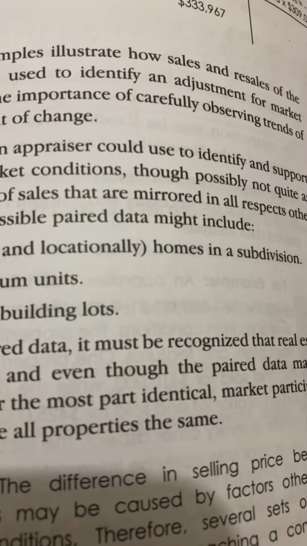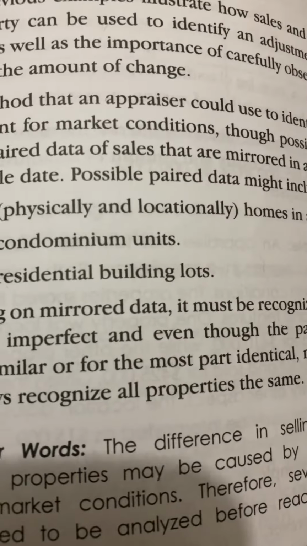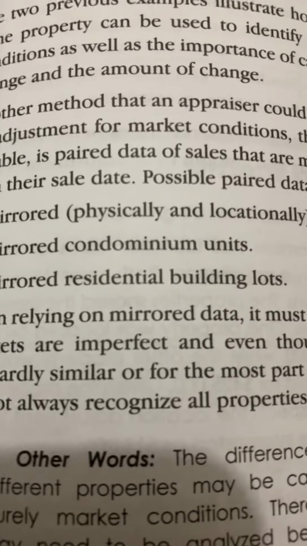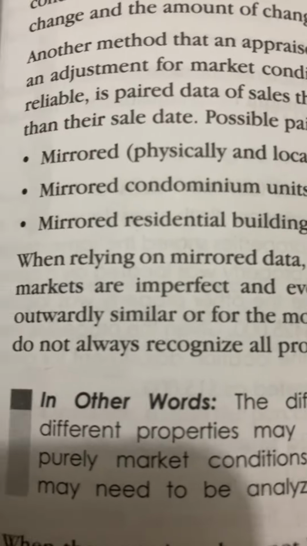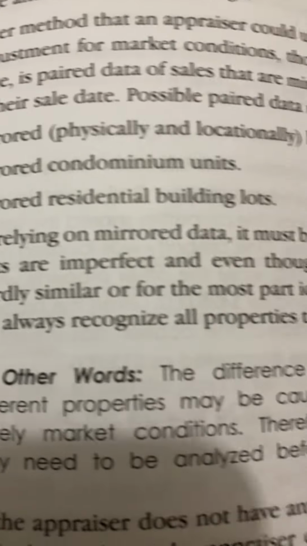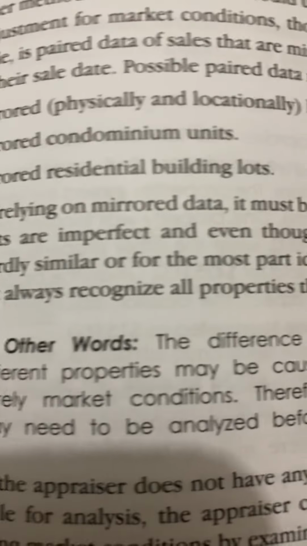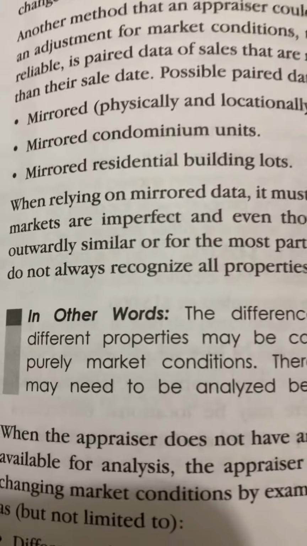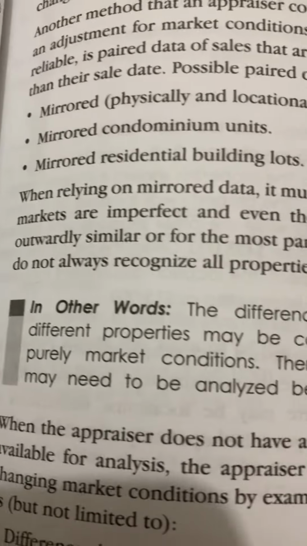Possible paired data might include mirrored physically and locationally homes in a subdivision, mirrored condominium units, mirrored residential building lots. When relying on mirrored data, it must be recognized that real estate markets are imperfect, and even though the paired data may be outwardly similar or for the most part identical, market participants do not always recognize all properties the same.